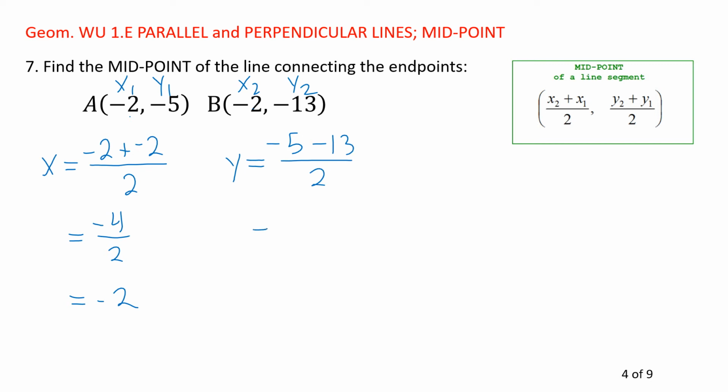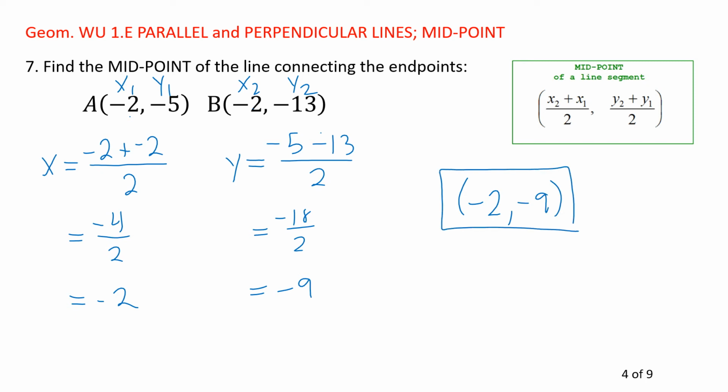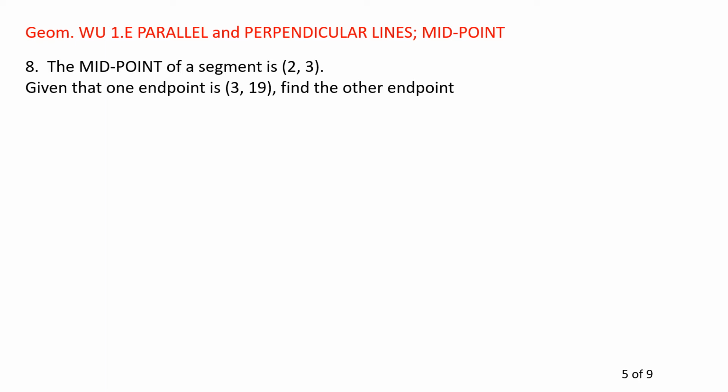Remember, you're always adding. In this case, negative 5 plus a negative 13 is just minus 13. The coordinates, negative 2, negative 9. And then the last one.